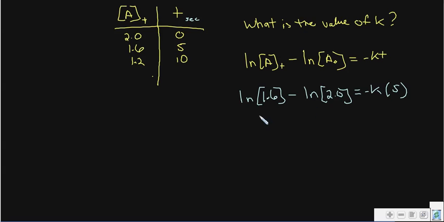So the natural log here, if we calculate this out, subtract it from this, we end up with negative 0.22 equals negative 5 times k. So divide negative 0.22 by negative 5, and we find that k equals 0.045.